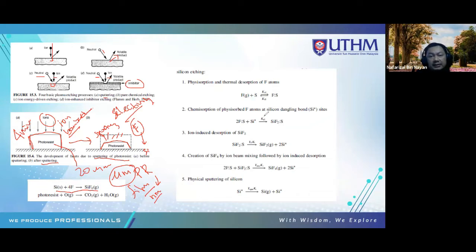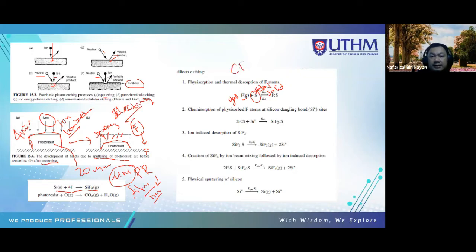These are some other examples of how the fluorine in the gases reacts with the silicon, the solid here. The solid reacts with the gas, so that you can do the etching process. So how do we get this fluorine?